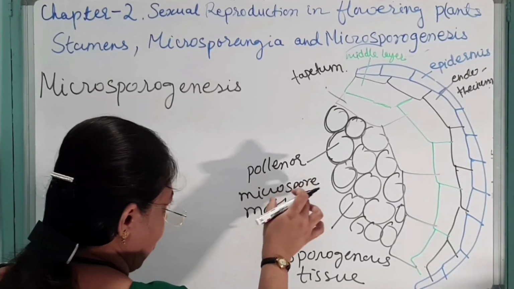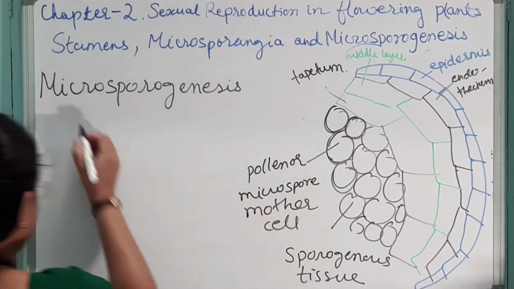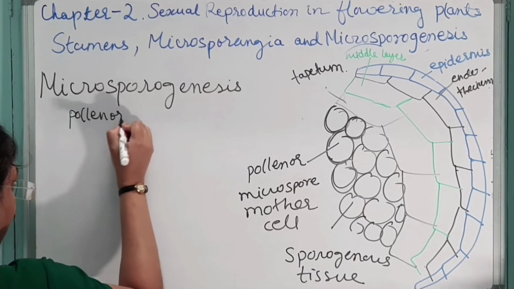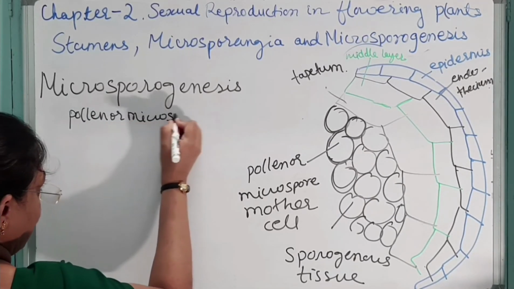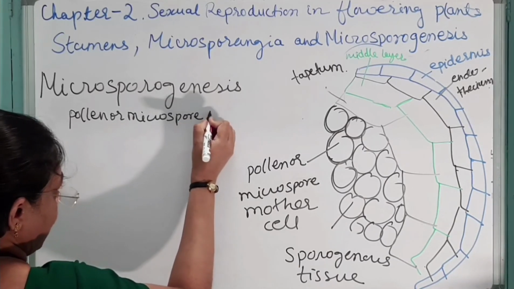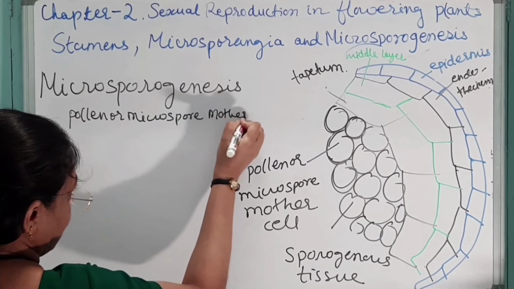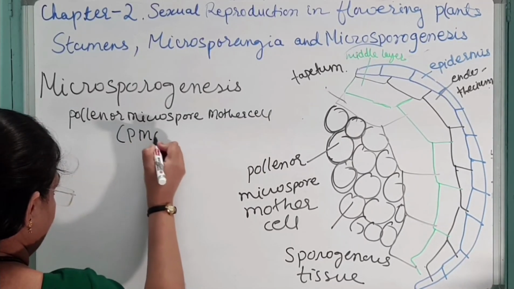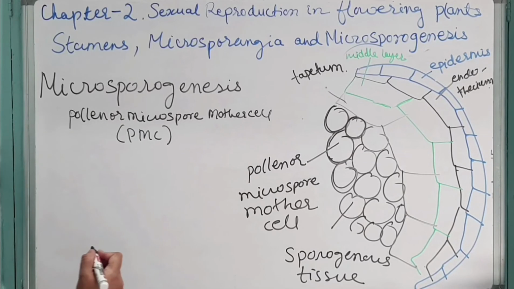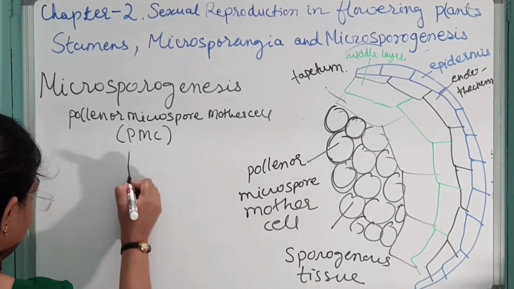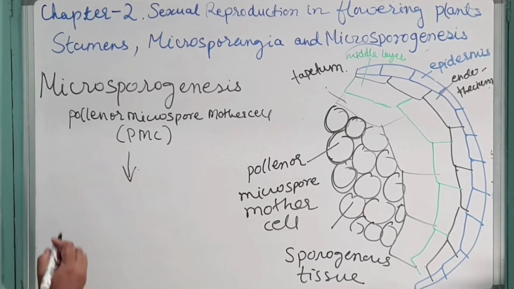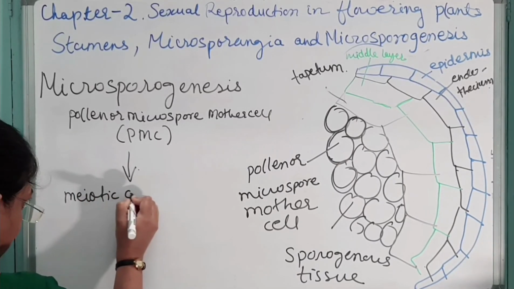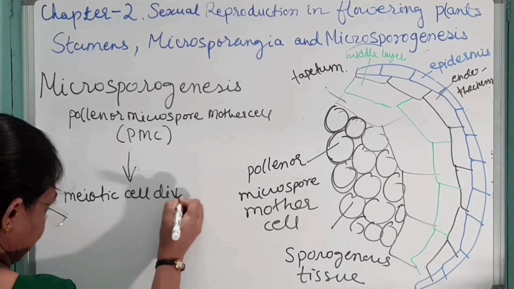First, this pollen or microspore mother cell, or you can call them PMC, undergoes meiotic cell division.